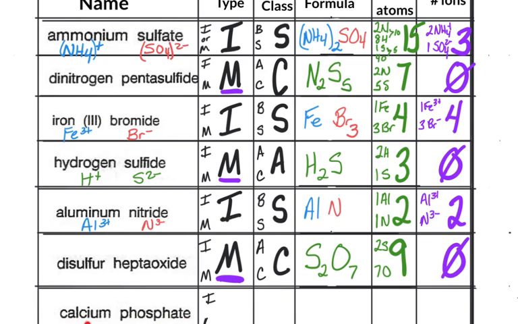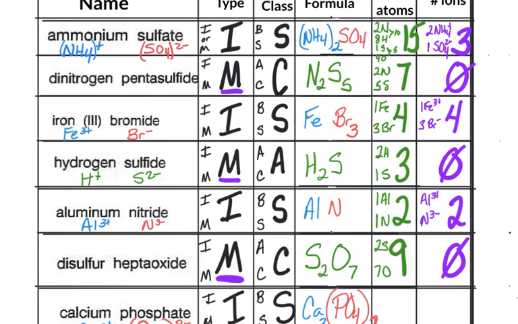Calcium is a metal, so that tells us this is ionic, so we will have ions. The classification is salt. For the formula, calcium has a 2+ charge. Phosphate, which is PO4, put that in parentheses, has a 3- charge. That means our formula will be Ca3(PO4)2.